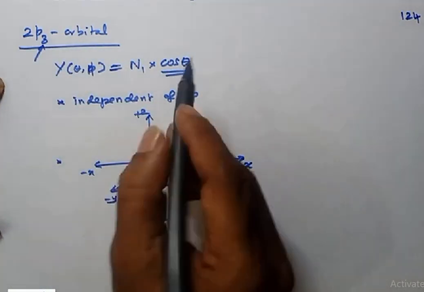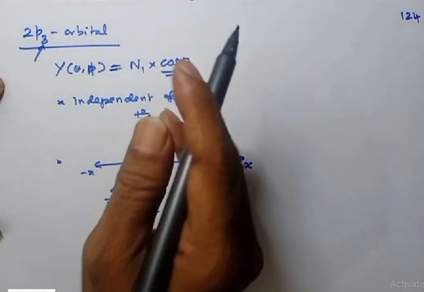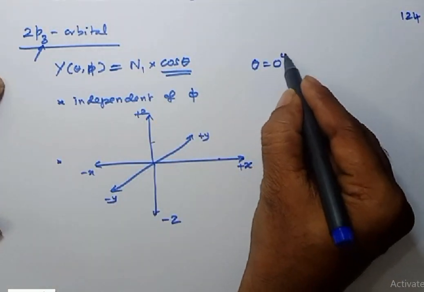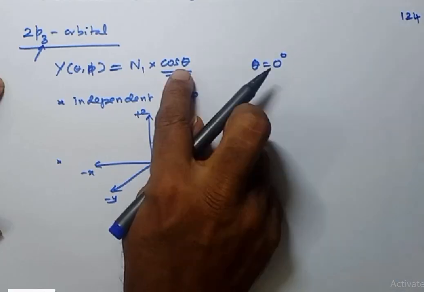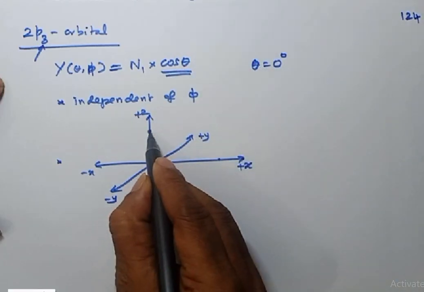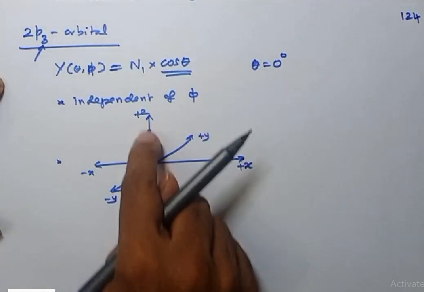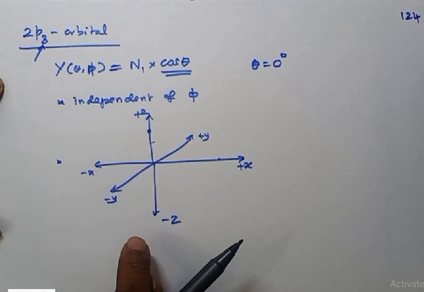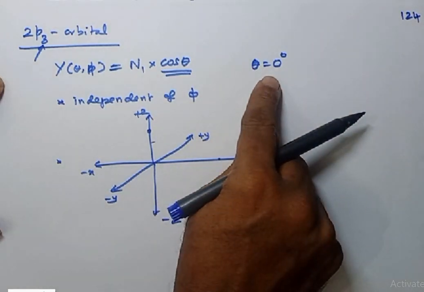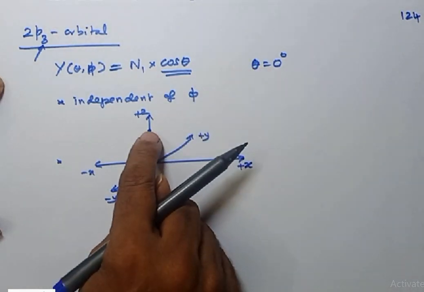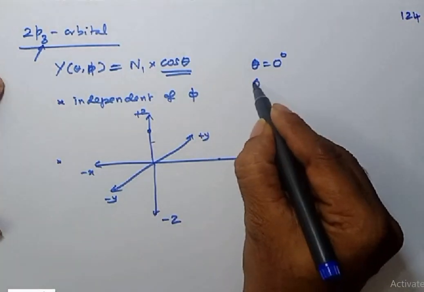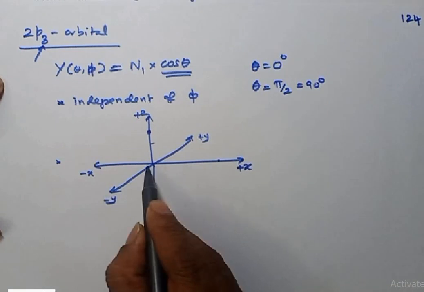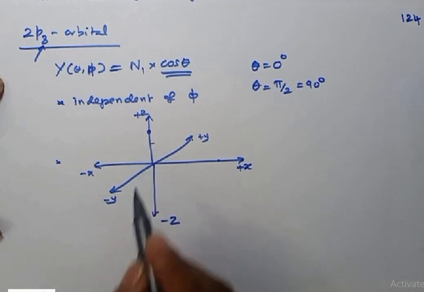Now I'll just focus on theta. If you put theta equal to 0, then cos 0 is 1, so I get a maximum value. Theta 0 means along the plus z axis. Then put theta equal to pi by 2, which means 90 degrees, in the xy plane.